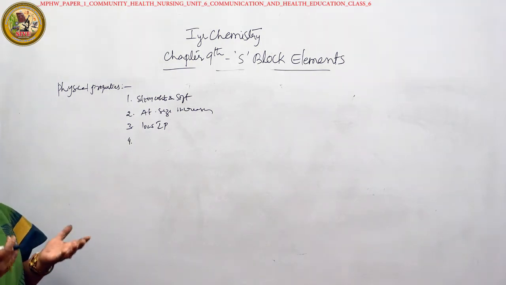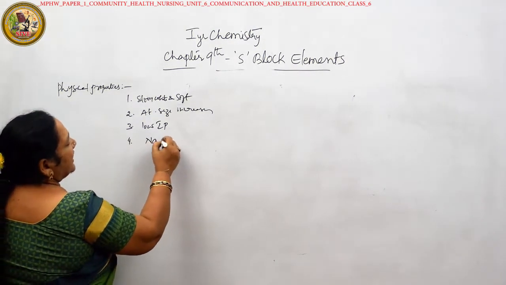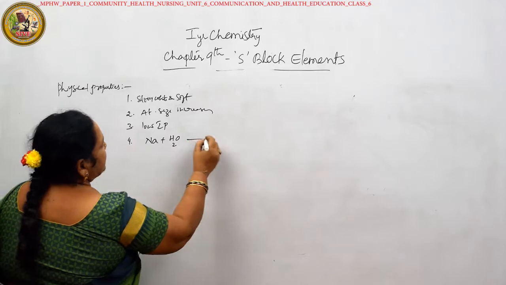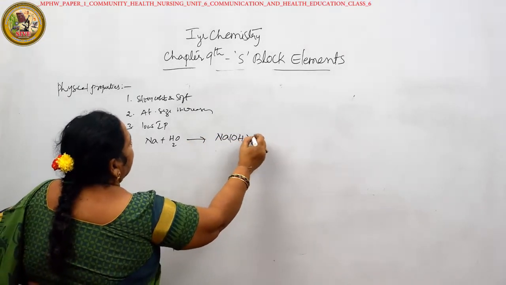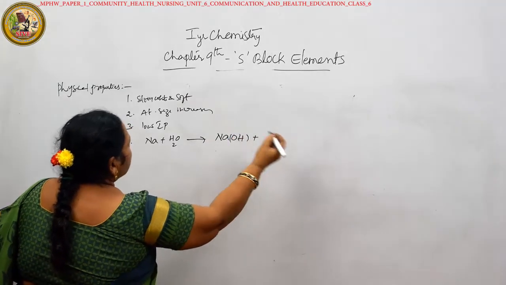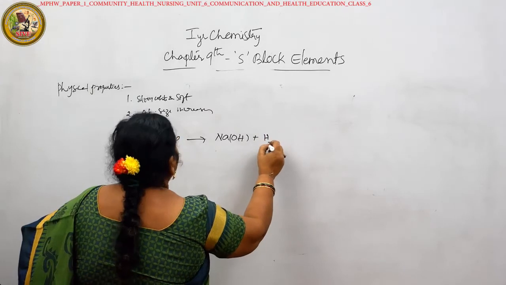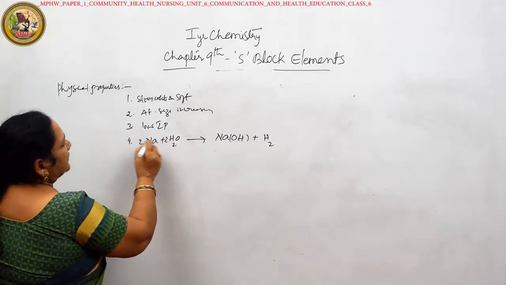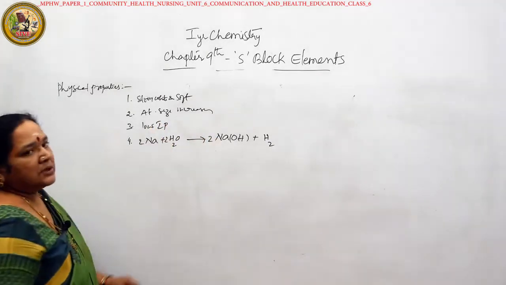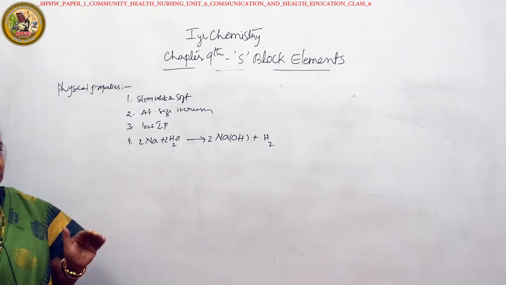Whenever it is exposed to air or put in water, it immediately reacts with water vigorously and forms sodium hydroxide, and it liberates hydrogen also. So because of its high reactivity, sodium is always stored in kerosene.